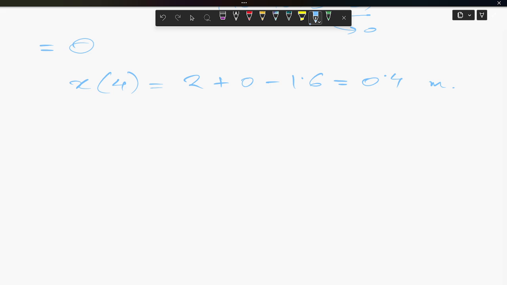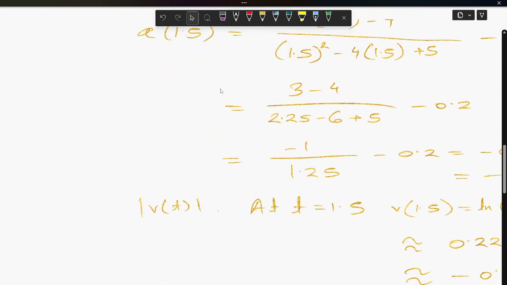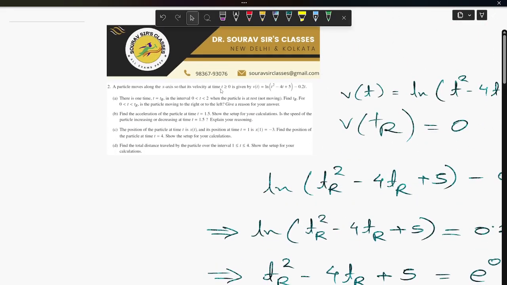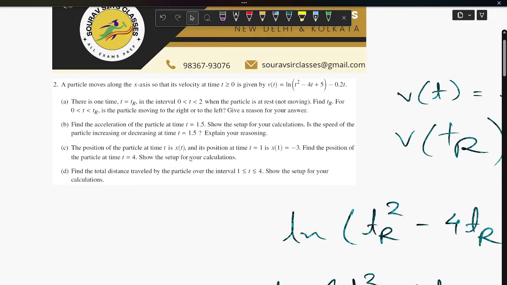And so now the total distance traveled from t equals 1 to t equals 4 is the question for part D. Let us see. Find the total distance traveled by the particle over the closed interval 1 to 4, t belongs to 1 to 4.